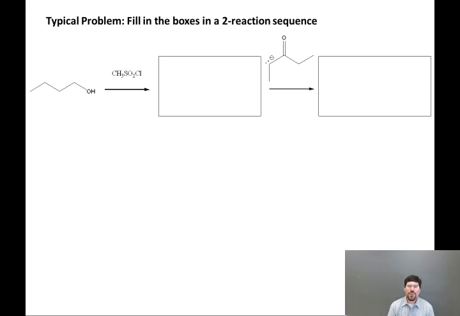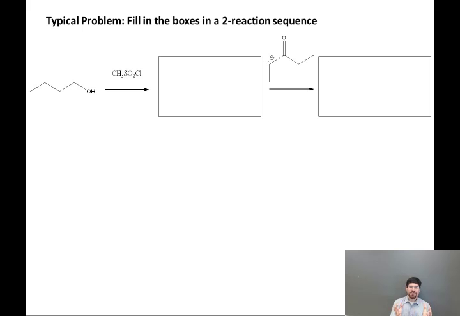So if we want to use a mesylate, that forces us to do two different chemical reactions in two different flasks, possibly on two different days. The way I indicate that in problems is with a two-reaction sequence, where the problem we would have to solve is to fill in these boxes.